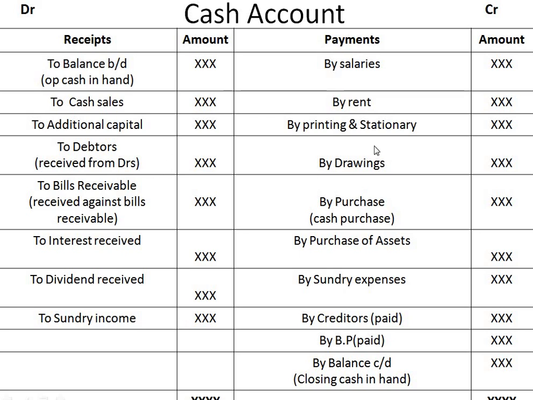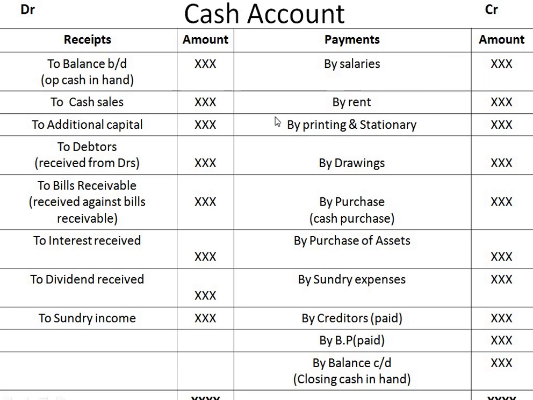Coming to the payment side, whatever cash receipts are there comes to the debit side. Wherever you have made cash payment, that comes to the payment side. So by salary, here the amount.